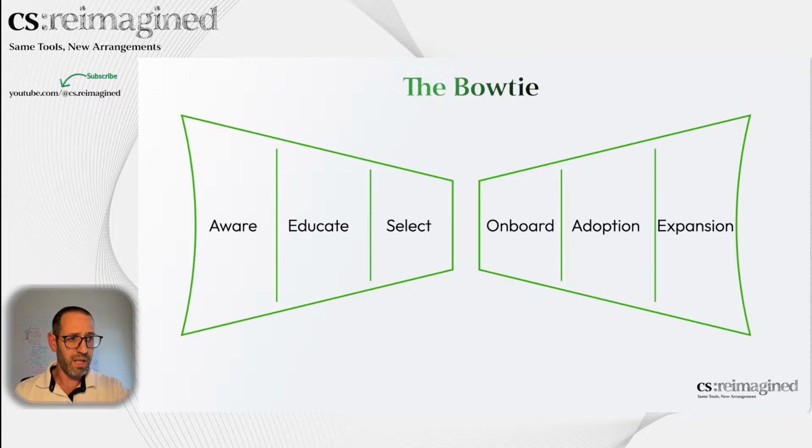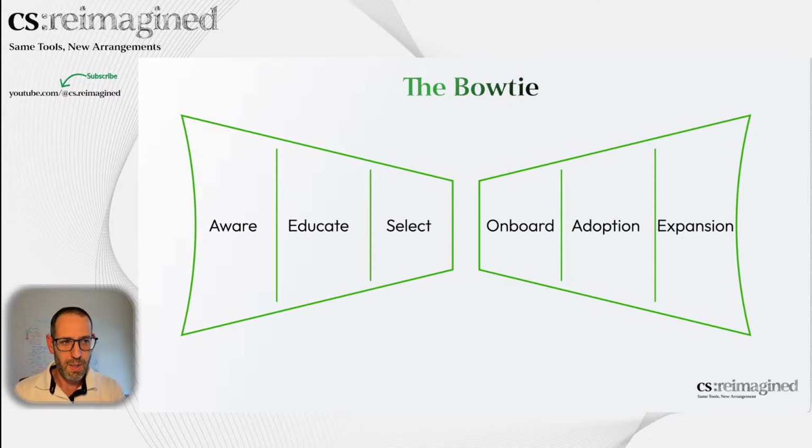So the main reason for doing this is to look at how important the success plan is and how we can make it from one side to another. And this is why it's so important to build the customer success plan together with marketing, together with sales, and together with the customers themselves when they move from one side of the bow tie to the other side.